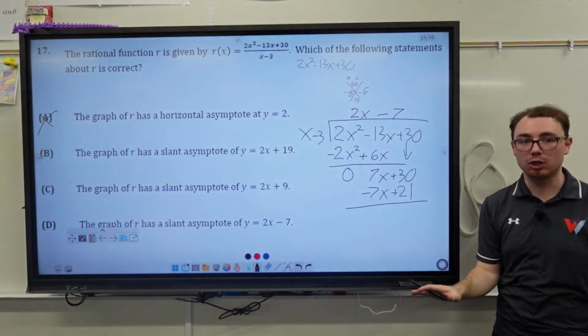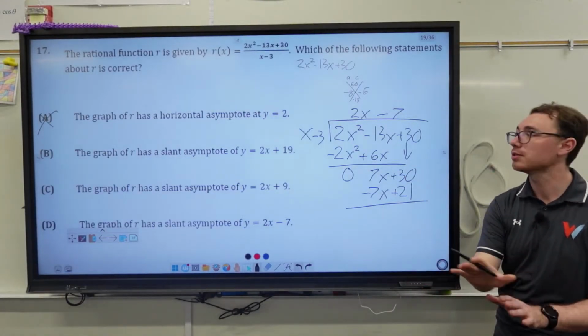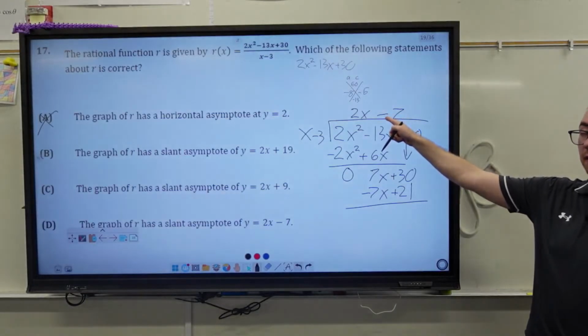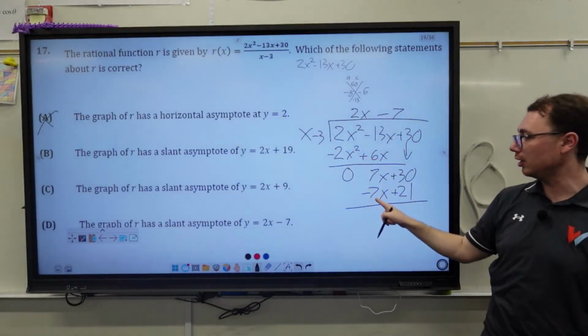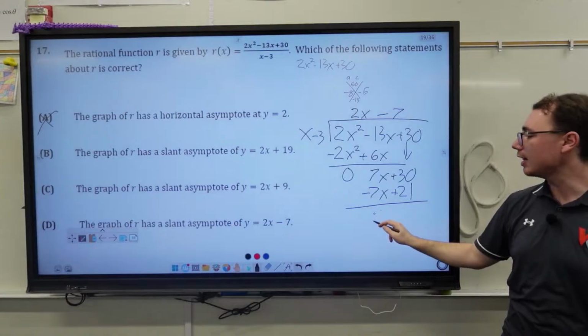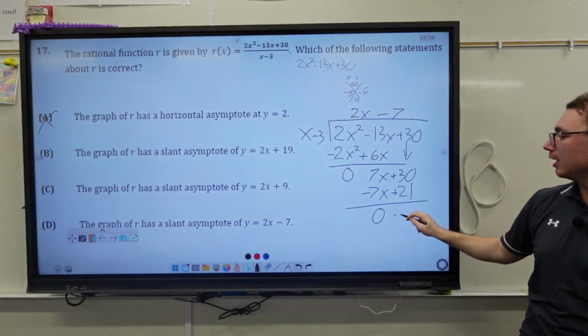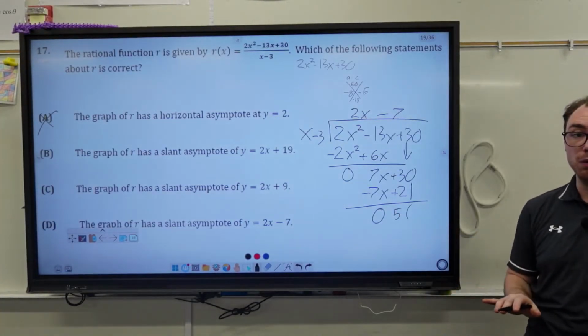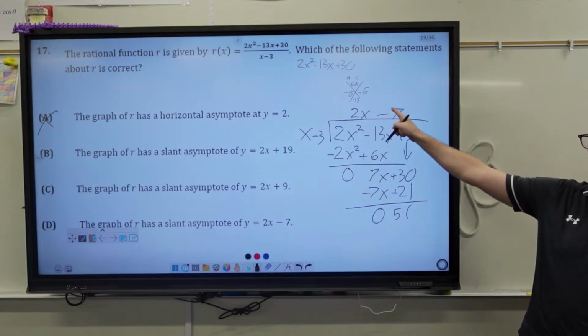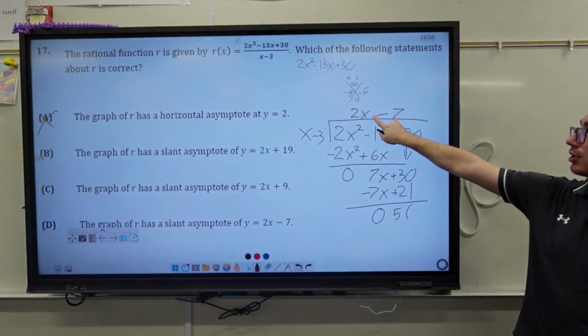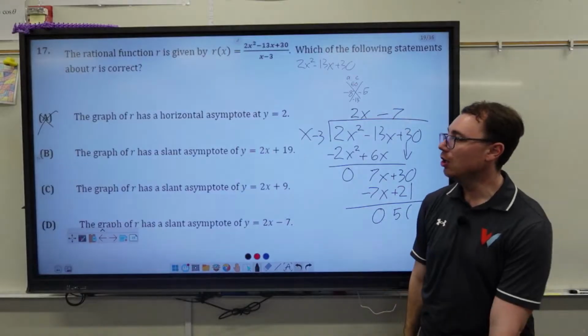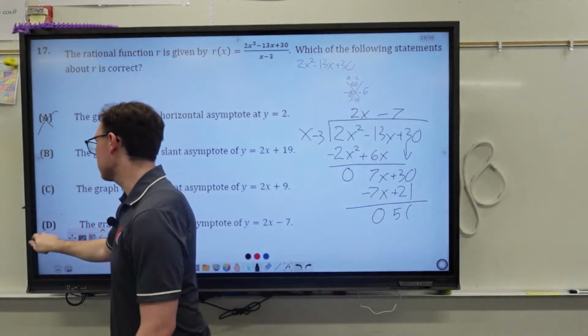And now our terms cancel out. My apologies. Since it is -7, we're multiplying that to get to this term here. That's what cancels this out and gives us the remainder of 51. So this here is our slant. Since this is our slant of 2x minus 7, we know that our answer is going to give us D.